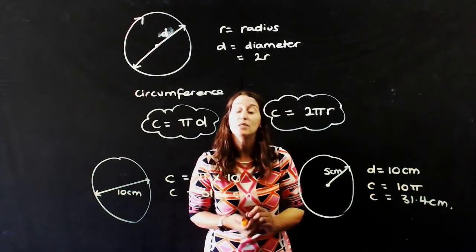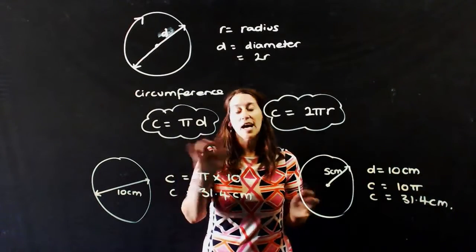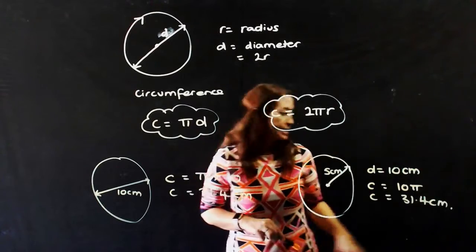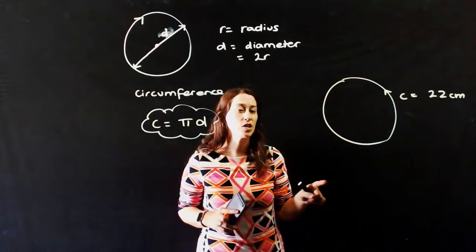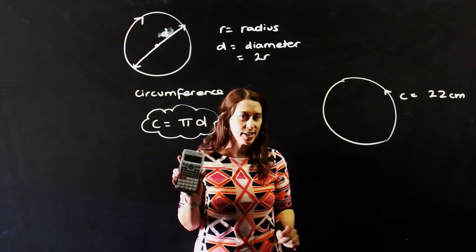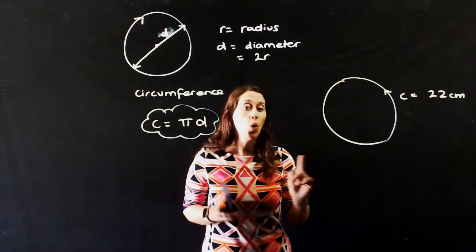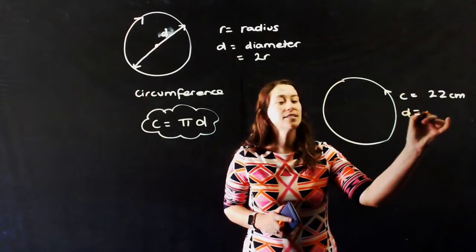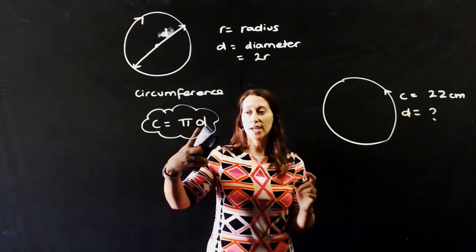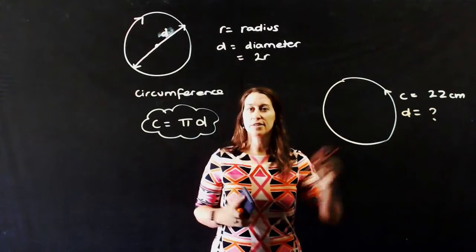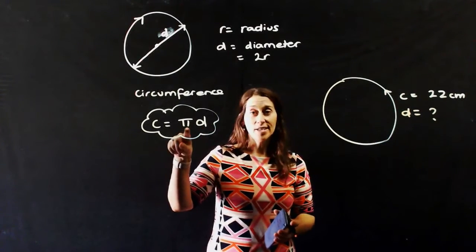Let's have a look at what happens when we've been given the circumference and how we rearrange this. Let me clear some space. Alright, so this time we've got a circumference. We've been told that the circumference of this circle is 22 centimetres, and I've got my calculator ready. What I need to work out is, well, what is the diameter? So, looking at the formula C equals pi times D, I need to make D the subject. So that means I need to divide by pi.